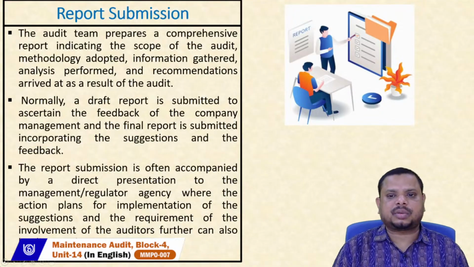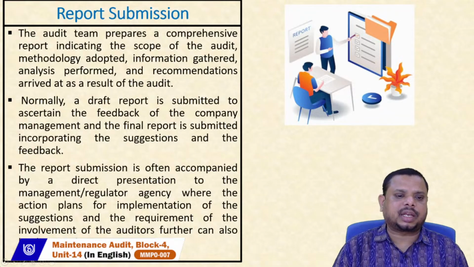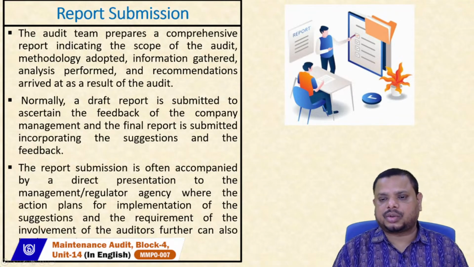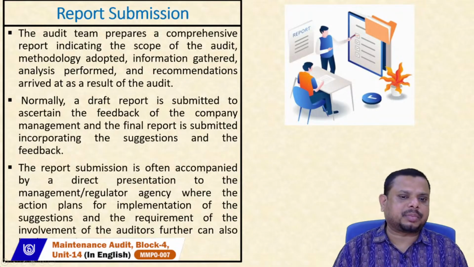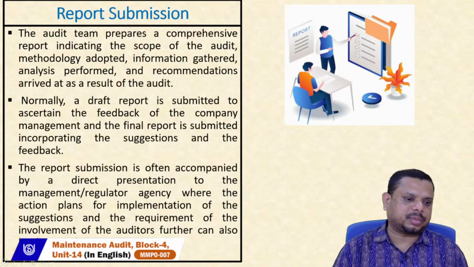This report submission goes to the top level of management, where they can provide a large amount of feedback, which includes key strengths of the companies, weaknesses of the companies, areas for improvement or criteria for improvement. Various suggestions and feedback should be given in the report submission.